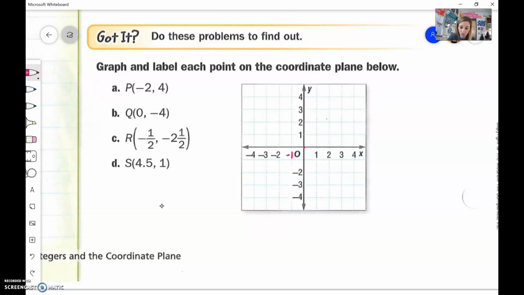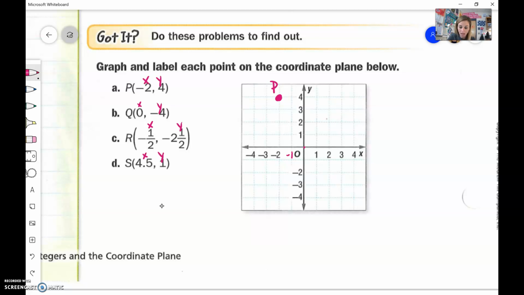So -2. I'm going to label these xy, xy, xy, xy. It's going to just make your life easier. So I'm going to go over to -2 because that's my x, and then my y is +4, which means right there is my first one, and I'm going to put a P because that is point P.